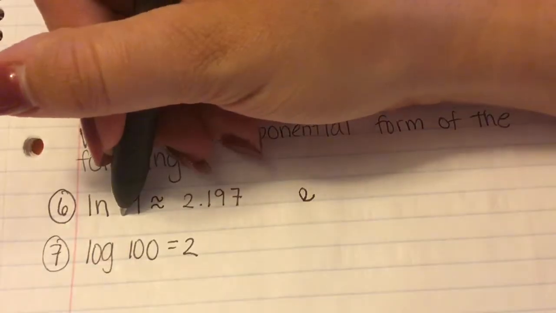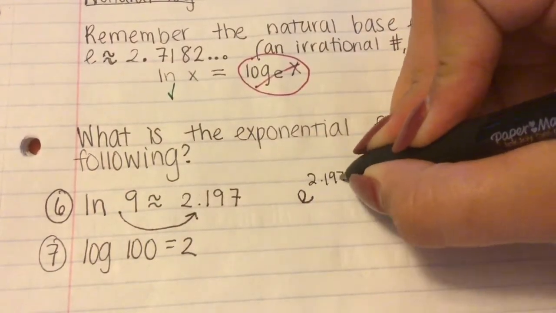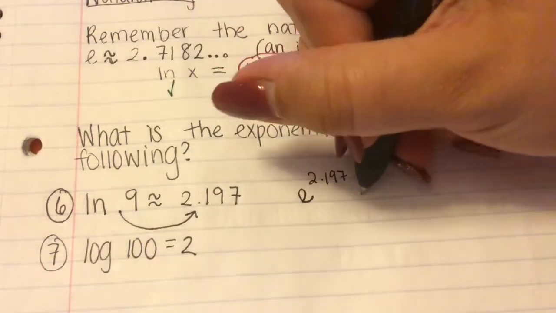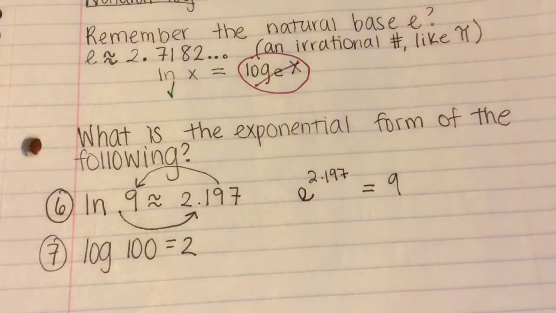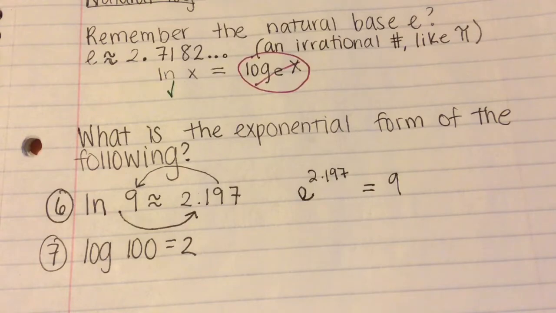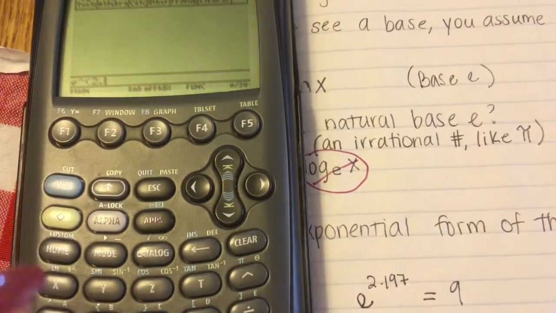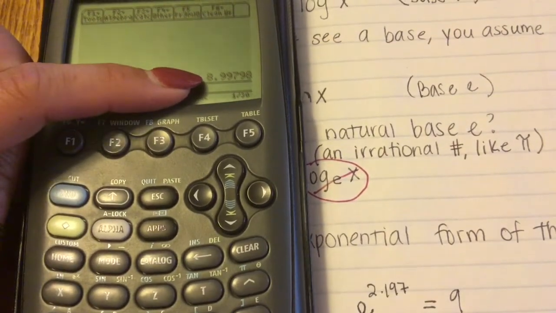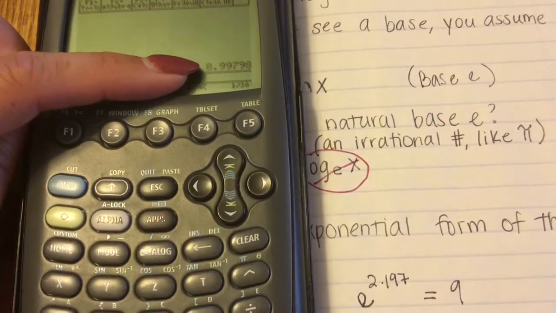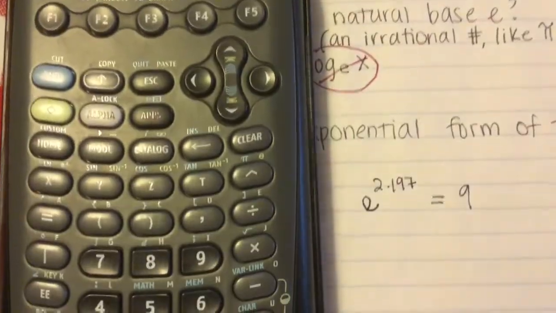This invisible e here to the 2.197 is equal to, finish the circle, 9. Now, if you put that in your calculator, you're not going to get that exact answer. So I typed in e to the 2.197. I get 8.99798. That's pretty close to 9. So I'm actually going to change that equal sign there to an about equal to.